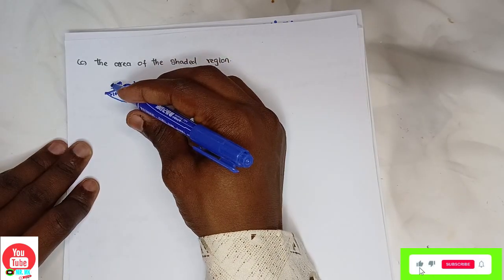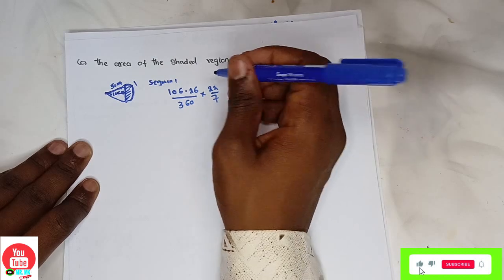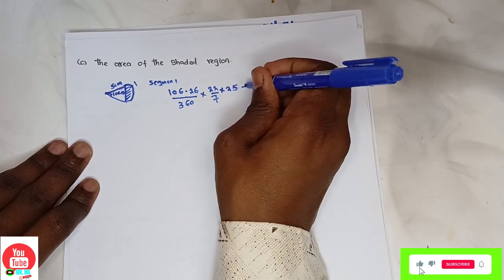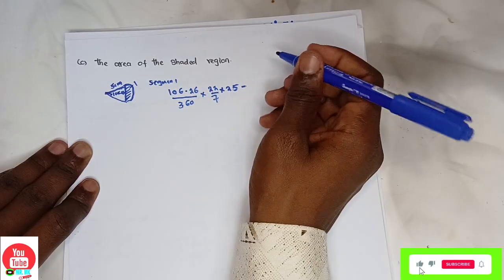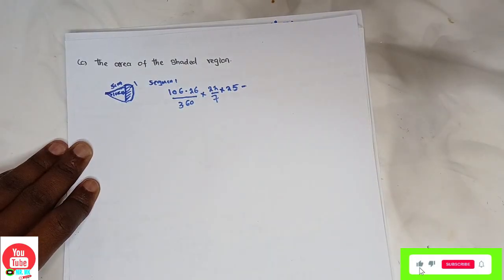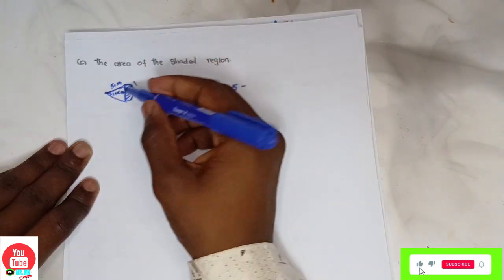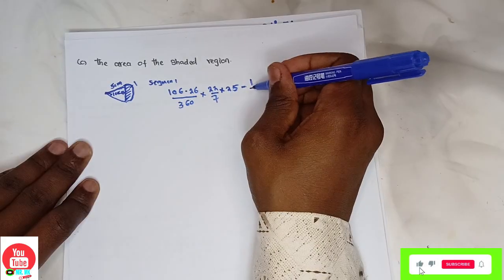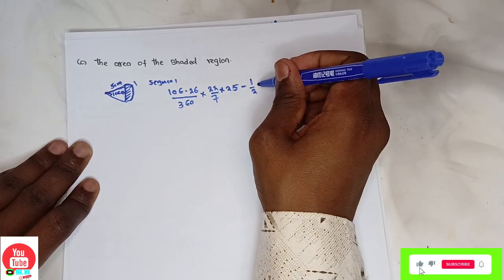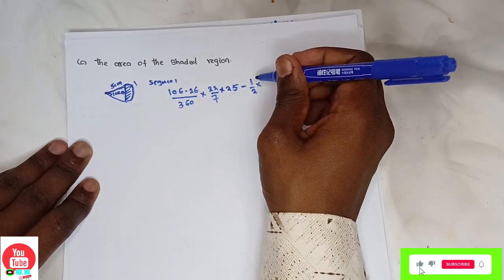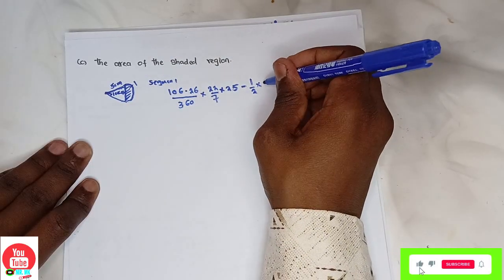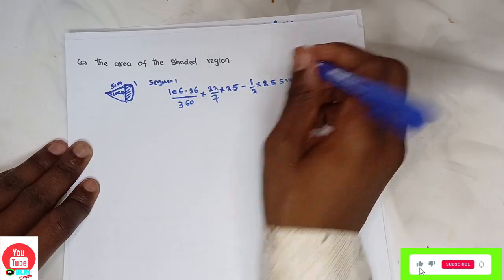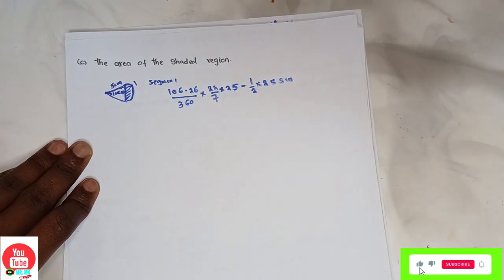The radius is 5, so 5 squared is 25, times 25, minus the area of the triangle. The area of the triangle here is a half times 5 squared, that is 25, sine theta. Theta is now 106.26.